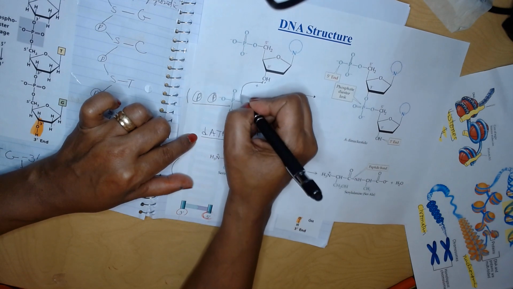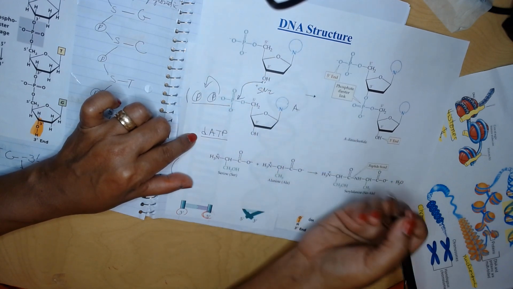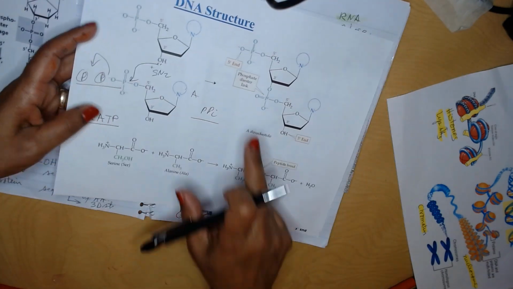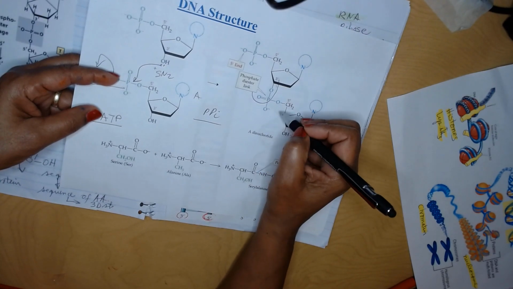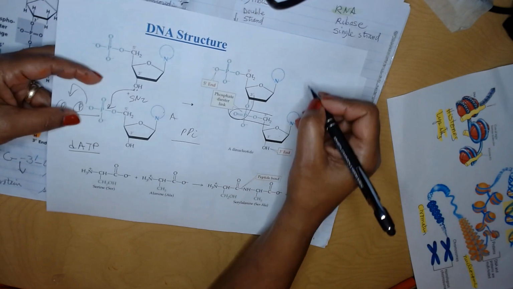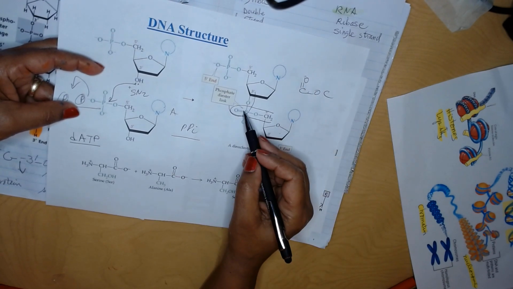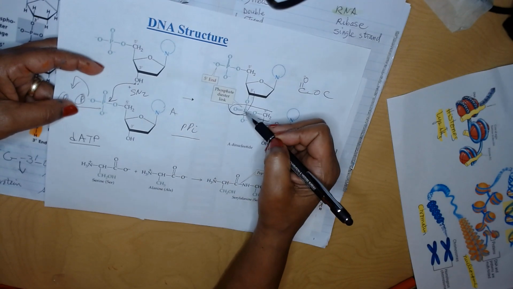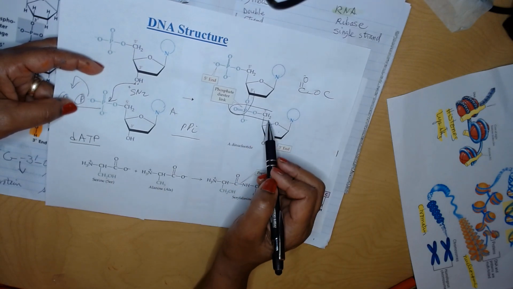So I will have a nucleophilic attack as an SN2, and then I will have the pyrophosphate leaving, and then I will be creating a phosphodiester bond. This is a phosphoester in that direction, and this is also a phosphoester in that direction. If you remember, we have an ester, which is this bond, and now we have a mixed ester, because now we have a phosphorus ester for carbon 3' and also carbon 5' of the second sugar unit.